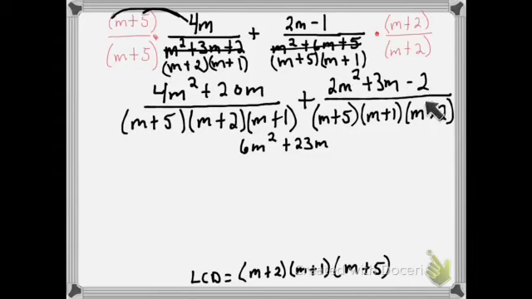And then this negative 2 doesn't have anything to combine with, so we're just going to bring that negative 2 down. And on the bottom, we still have that common denominator of m plus 5, m plus 2, and m plus 1.